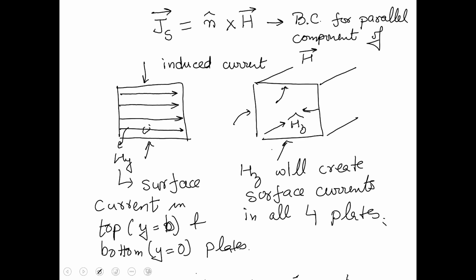Let me think about it a second. The normal should be on the surface of the field, and it depends on how you define the boundary conditions. I'm just trying to quickly remember the boundary conditions. The normal component is defined into the conductor, I think. Let me quickly review my boundary conditions.